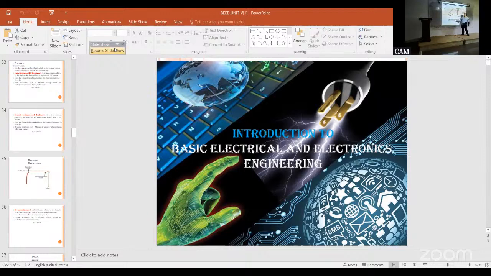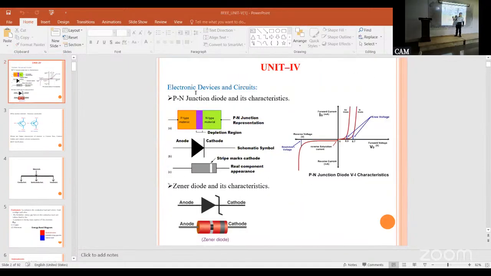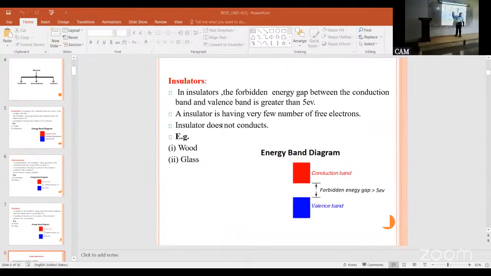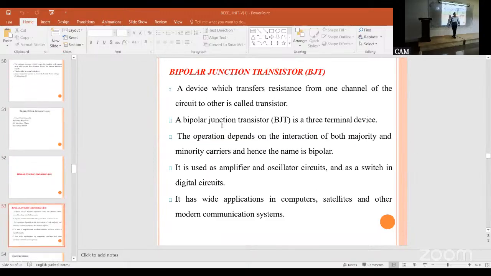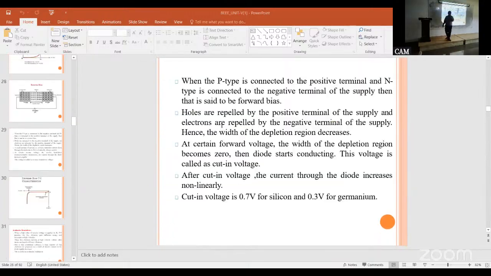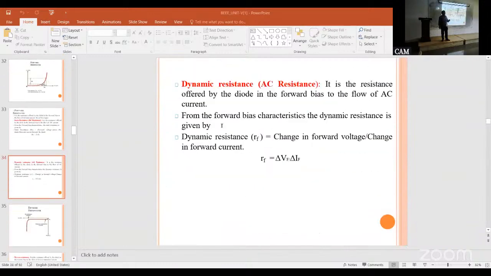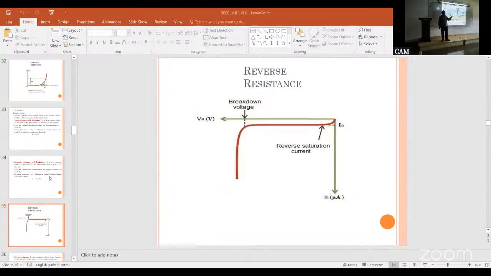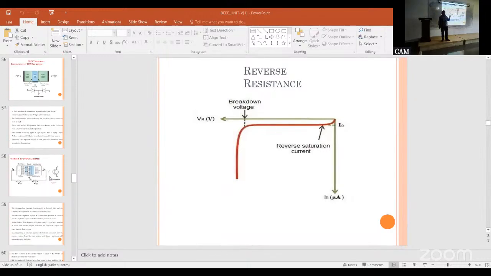So this is our ordinary PNP transistor, forward bias is there, for different values of output voltage VCB. Whenever we change the input voltage, the emitter base voltage, at a certain voltage the emitter current is 0.